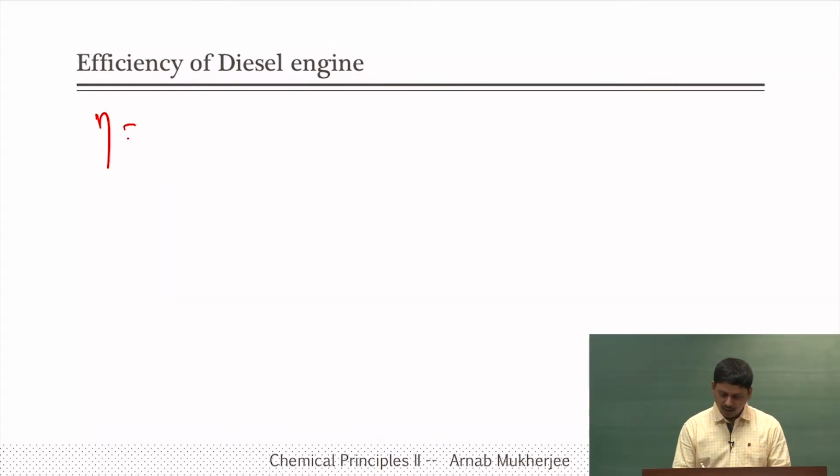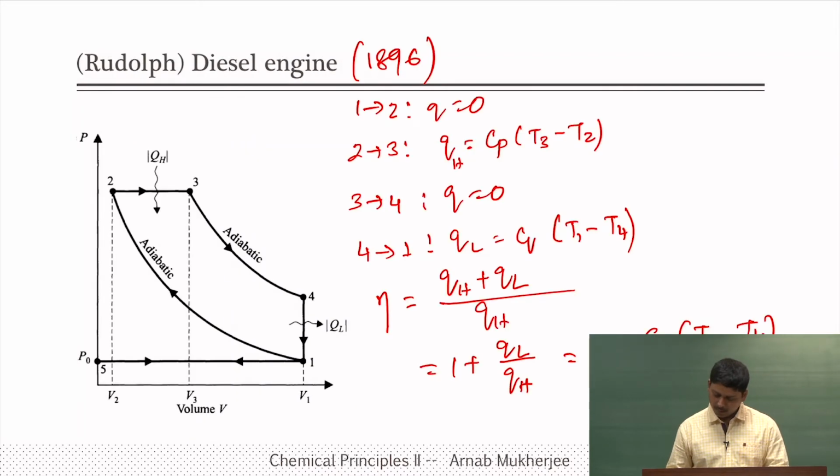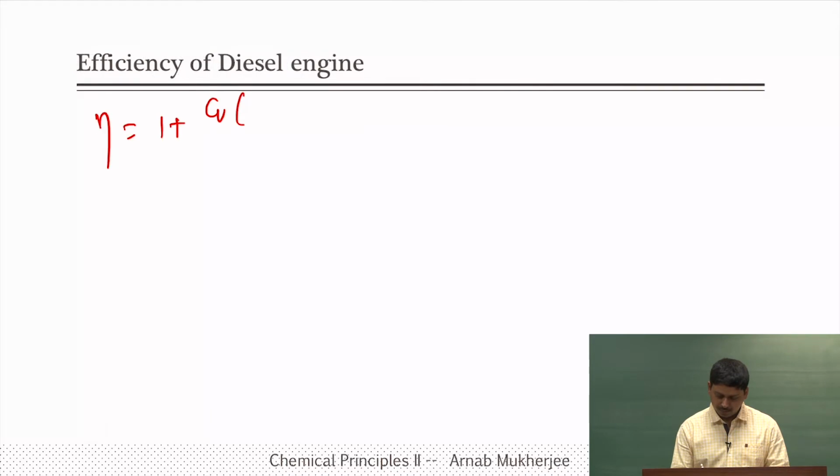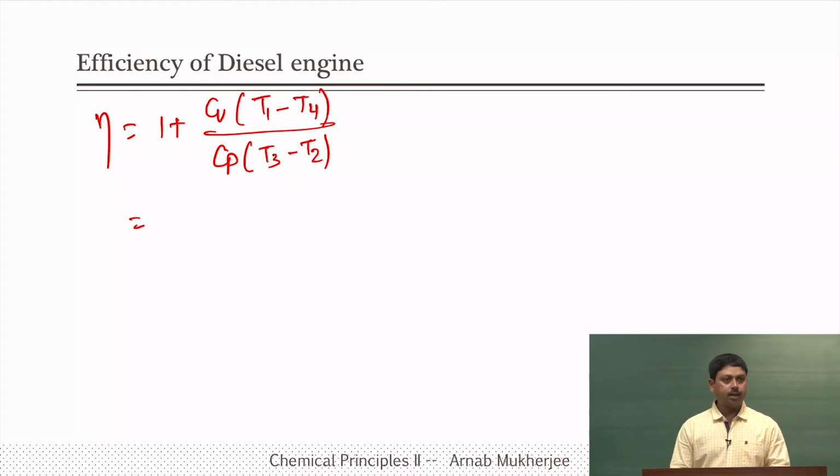So, efficiency eta is 1 plus Cv (T1 minus T4) by Cp (T3 minus T2). Now, we know that Cp by Cv is gamma. So, it is 1 plus 1 by gamma times (T1 minus T4) by (T3 minus T2).